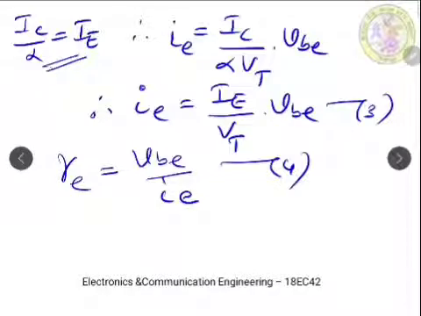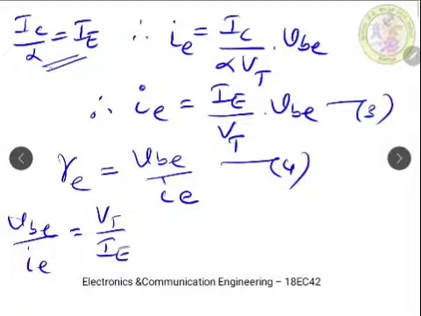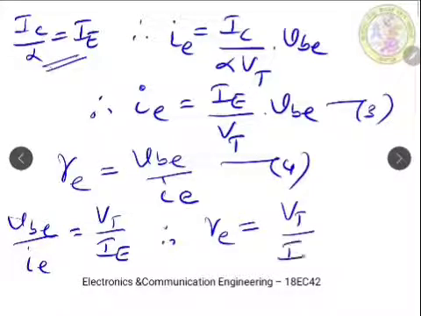From the above relation, ie equals IE by VT into vbe, so vbe by ie is equal to VT by capital IE. Therefore re becomes equal to VT by IE.